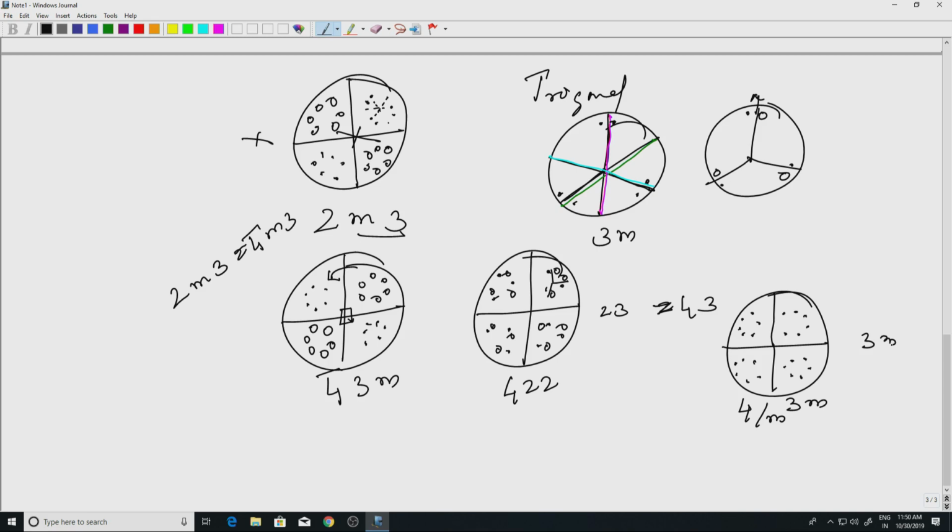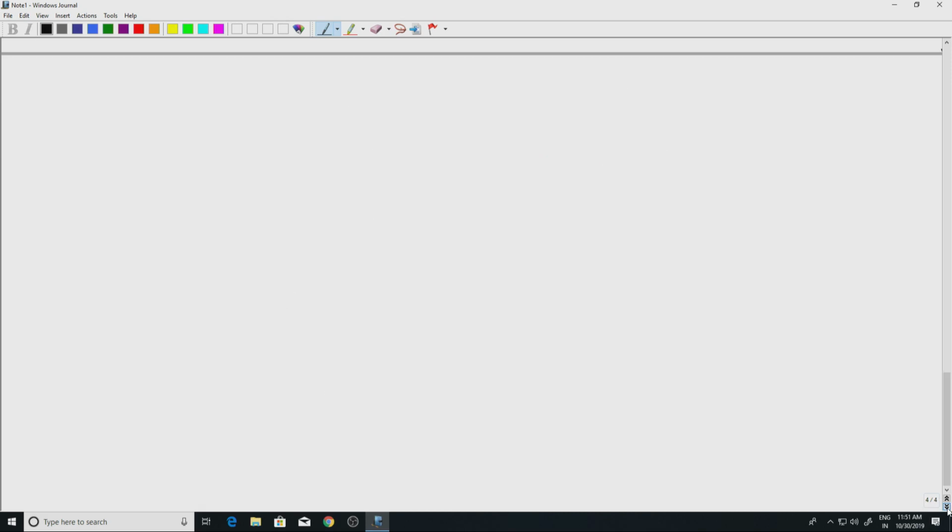Apply a mirror. This is a 4-fold. A mirror is applied. So 4/m 3m.